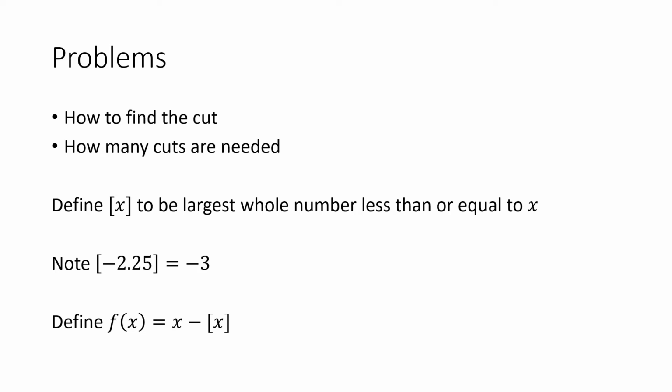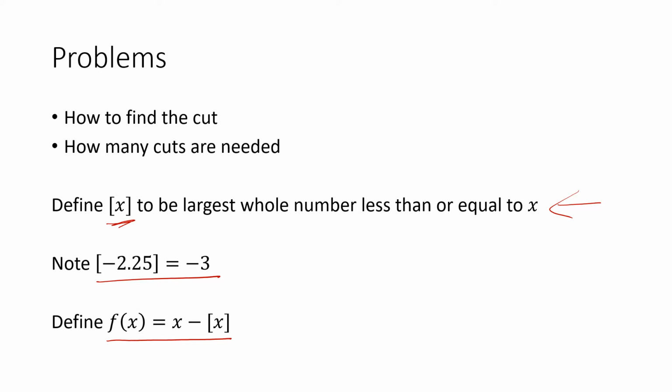So first we're going to define something. We're going to define a function. We're going to say that this bracketed x is the largest whole number less than or equal to x. So for instance, if we have negative 2.25, it's going to be negative 3. So we're looking for the whole number rounding down, which in this case would be negative 3. And we're going to define f(x) to be the positive fractional part of that number.